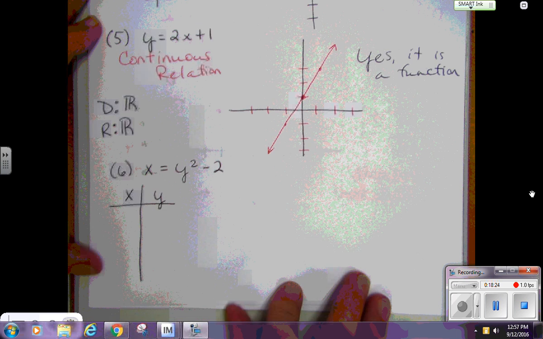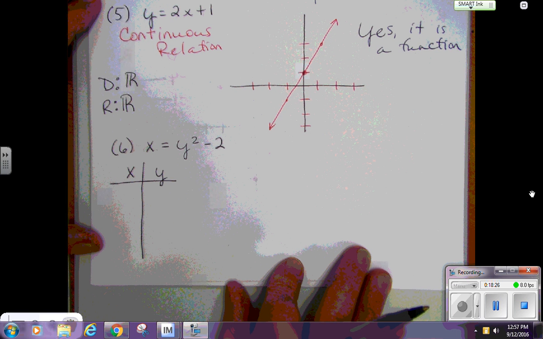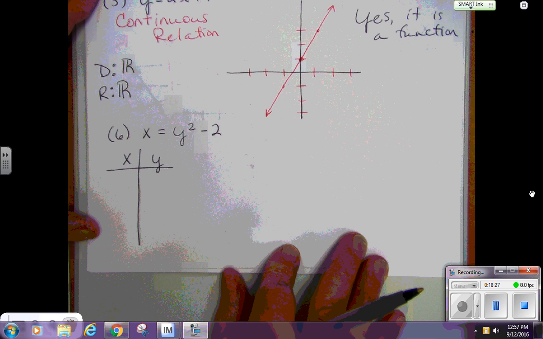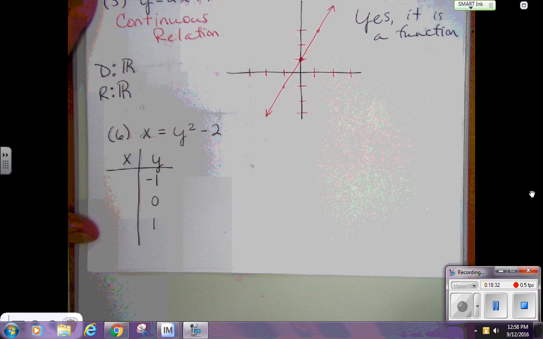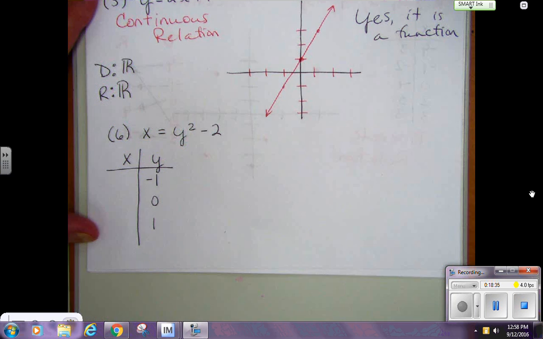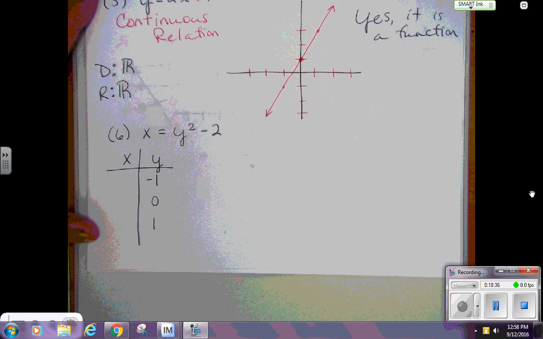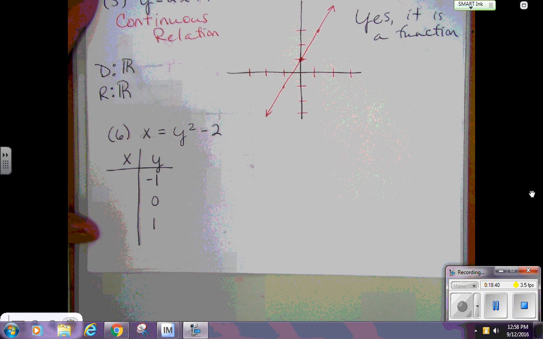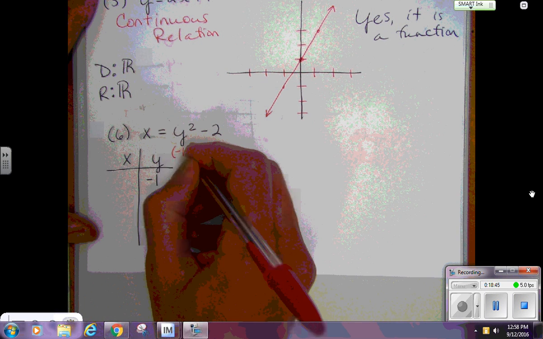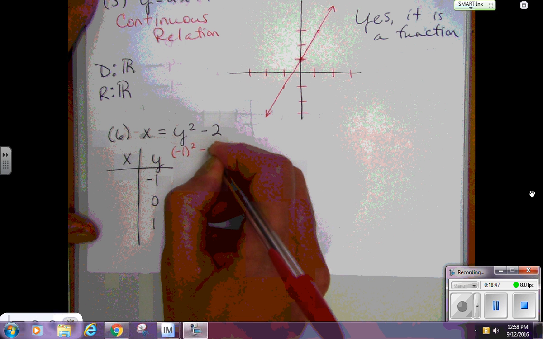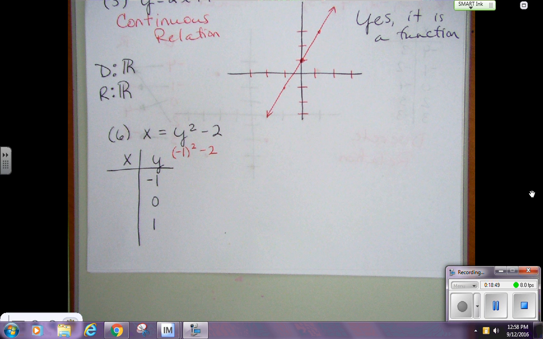As we get into doing these graphs a little bit more, it's going to change a little bit, but you need positive and negative values. So I'm going to substitute -1 in for the y, and I'm going to put parentheses around the -1 because I want to remember that when I square it, I have to square the negative and the 1. So what is my x value going to be? -1 squared is 1, minus 2, -1.